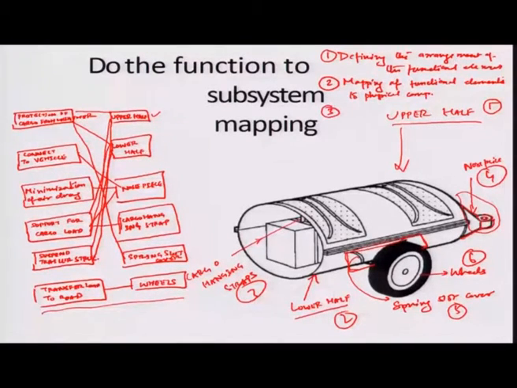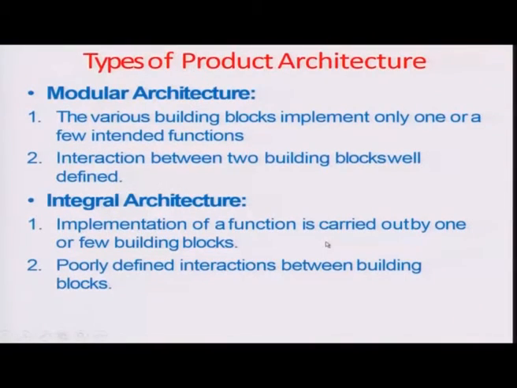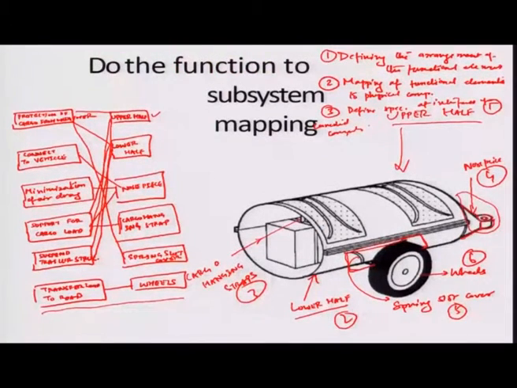So, the third step involved here would be to define specifications at interfaces of connecting components. For example, in this particular case, if I were to look in detail at how the interface between the upper half and the lower half would result in some kind of load transfer from the upper member to the lower member.